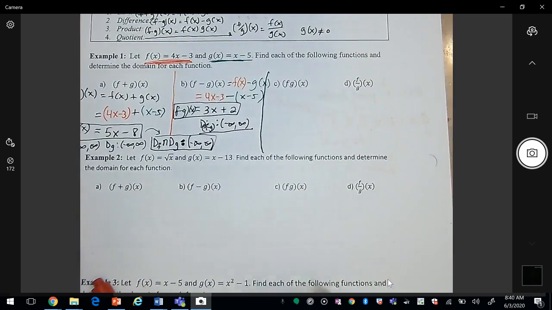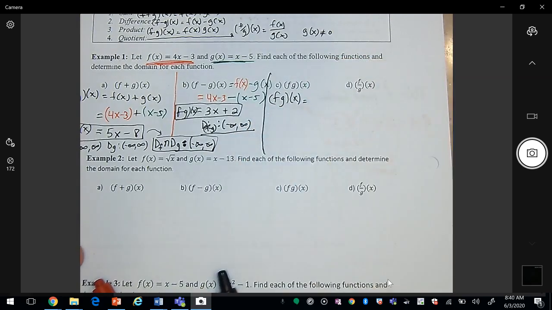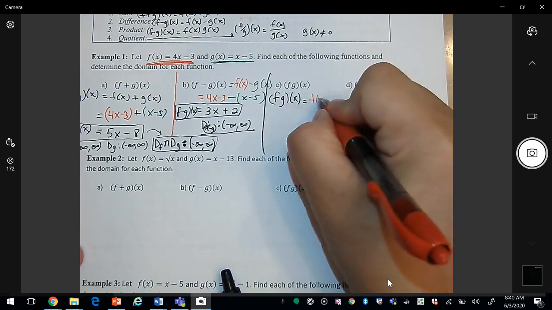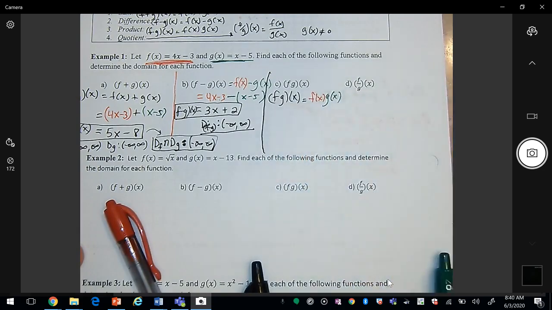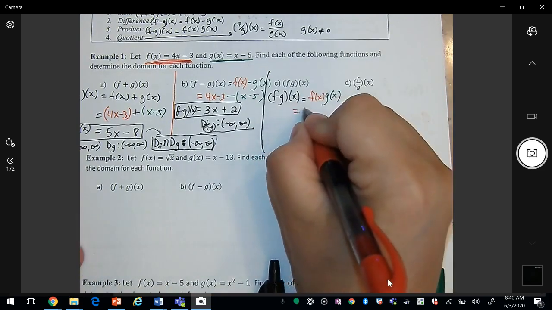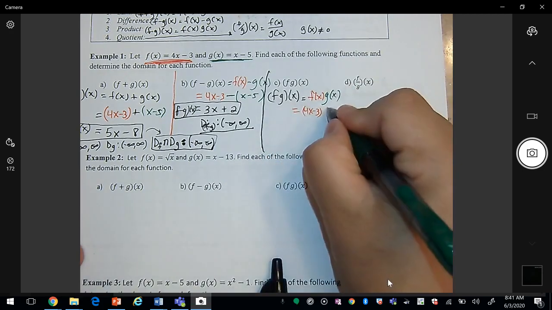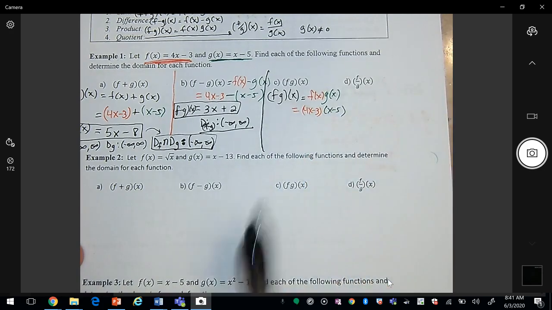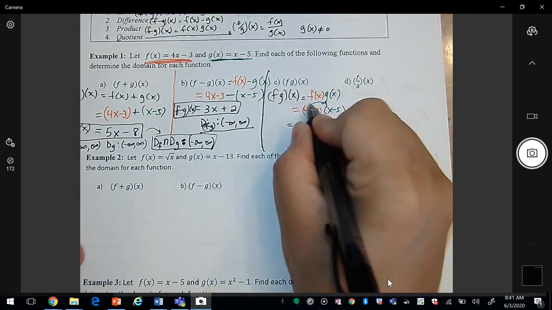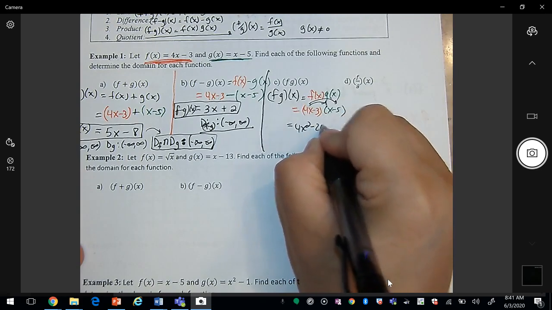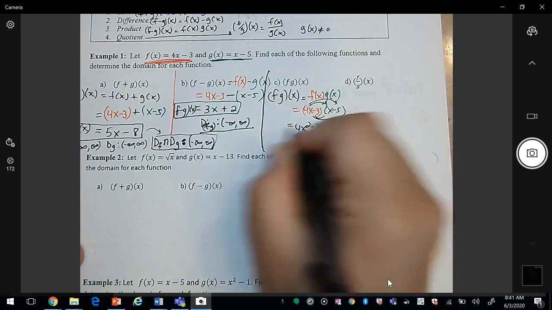Okay, letter C, we have the product. So I can rewrite this as f of x times g of x. f of x is 4x minus 3, and g of x is x minus 5. 4x times x is 4x squared. 4x times negative 5 is negative 20x, minus 3x plus 15.